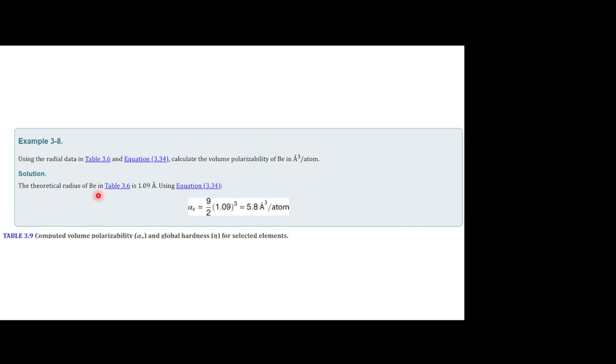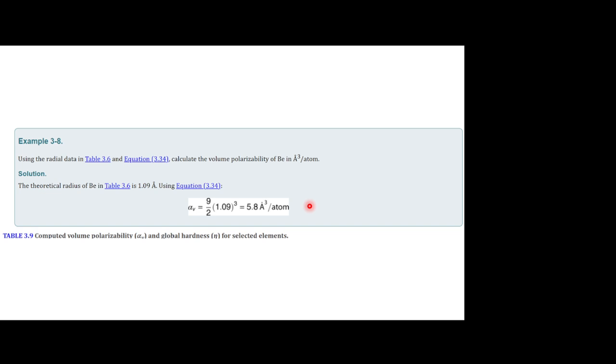So your theoretical radius of Be from that table is 1.09 angstroms. We go ahead and plug that into our equation. So 9 over 2 times 1.09, which is that radius again, to the third power. What we're going to get here is then the alpha V, which is the volume component. And that's going to give us 5.8 angstroms to the third per atom.